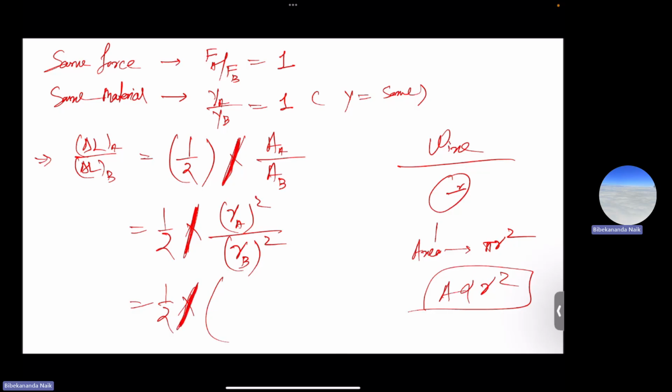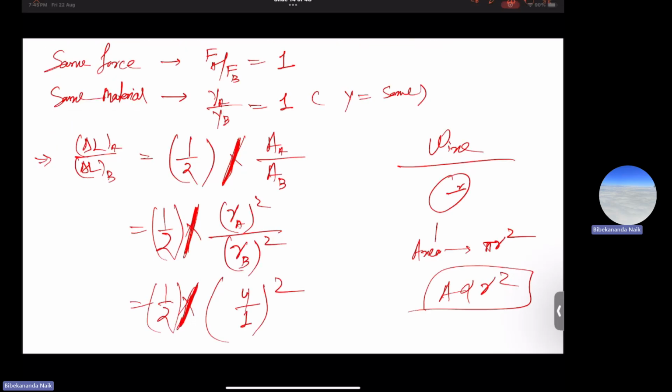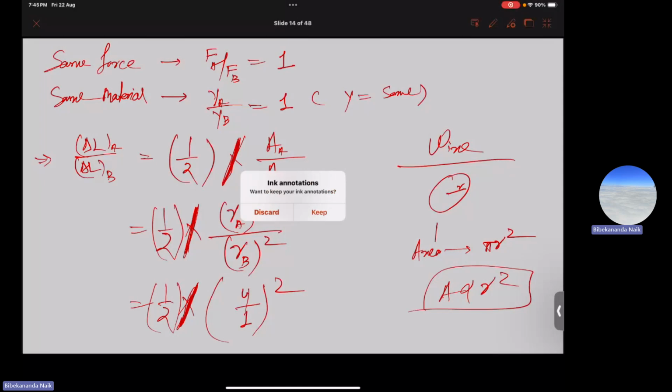So it is 1 by 2 divided by 4 is to 1 square. So let me add another slide.